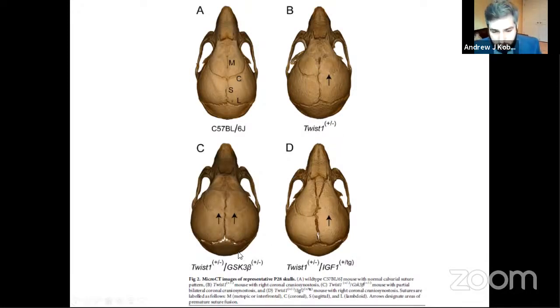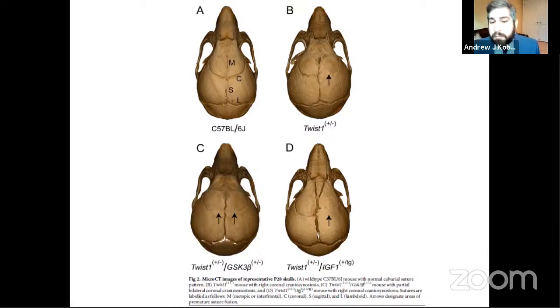And on the bottom two panels, we can see that combining this TWIST gene heterozygous expression with either GSK3B heterozygous expression or IGF-1 heterozygous expression results in the presentation of these phenotypes in mice.